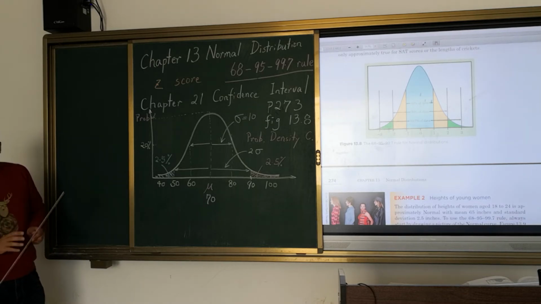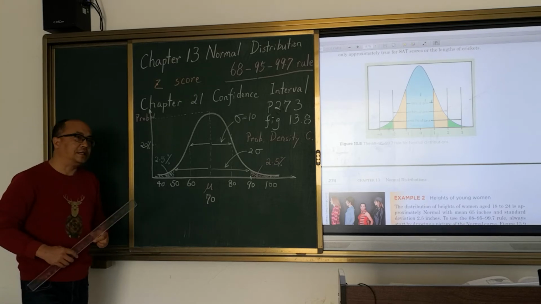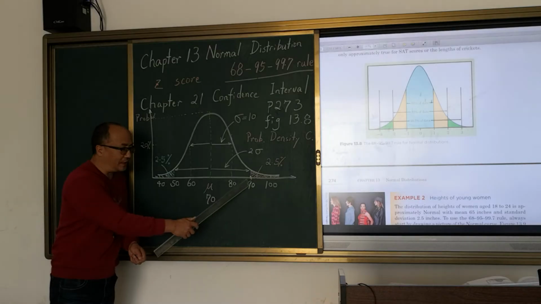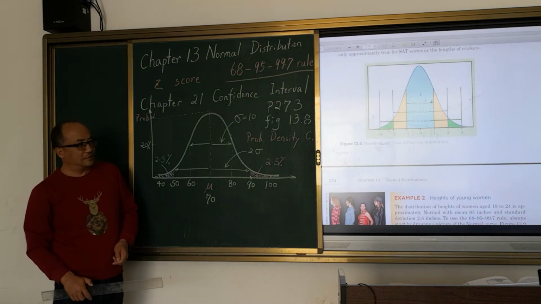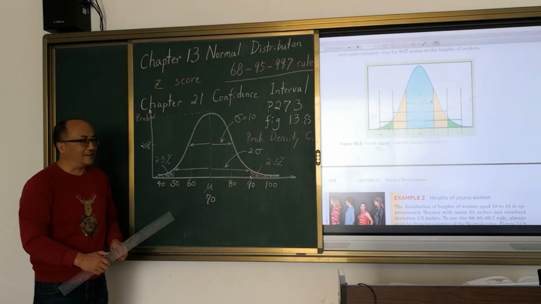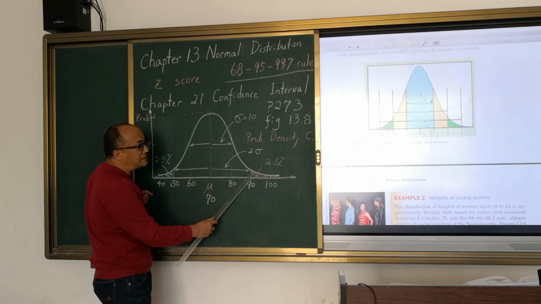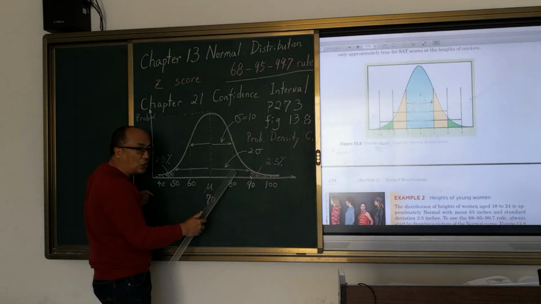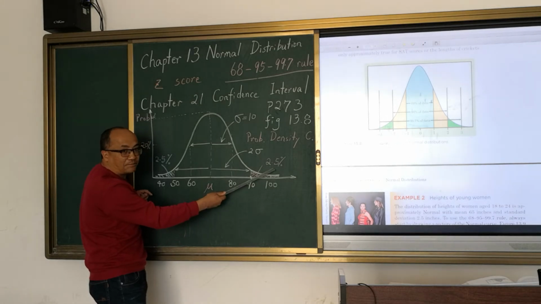Now I changed my question a little bit. What's the probability for a student's score to be lower than 90? It's tricky. I just asked the chance of higher than 90 is 2.5%. Now I'm asking the chance of lower than 90. It's 100% minus this one.